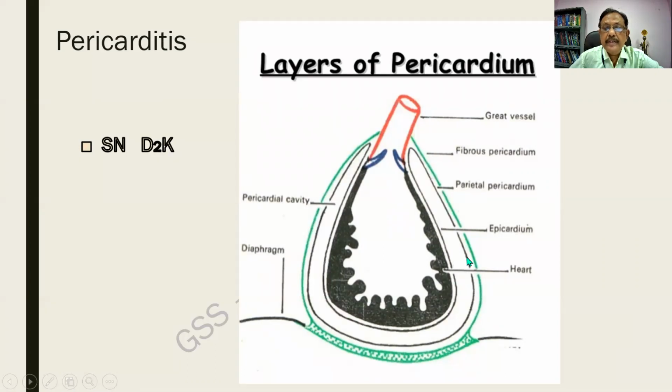So these two lines are the pericardium. The inner one is the visceral and the outer one is the parietal layer, in which you have got the pericardial fluid. Externally, there is a thin layer of fibrous tissue, called the fibrous pericardium. So these are the layers.